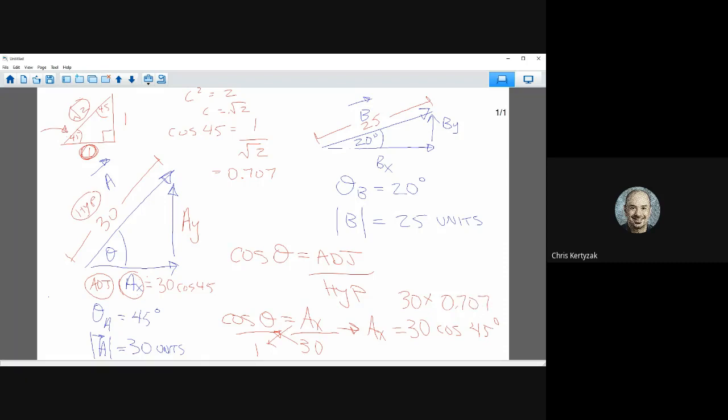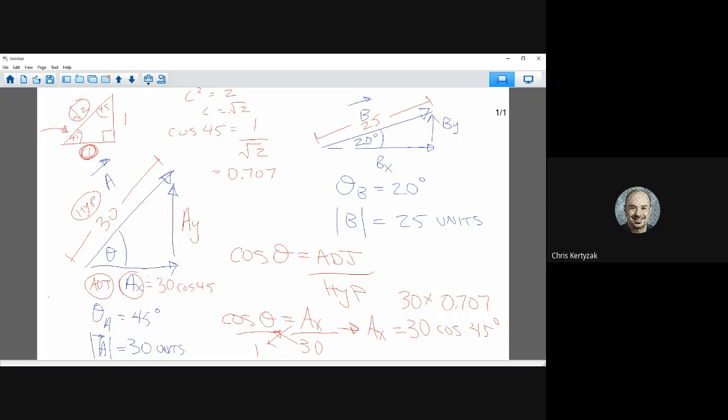If you wanted to keep the answer exact, you would just type into your calculator and make sure you're in the right mode. You have to go to mode first and make sure that the unit for the angle is in degree mode, not radian mode. So I'm going to type in 30 cos 45 if I want an exact answer.